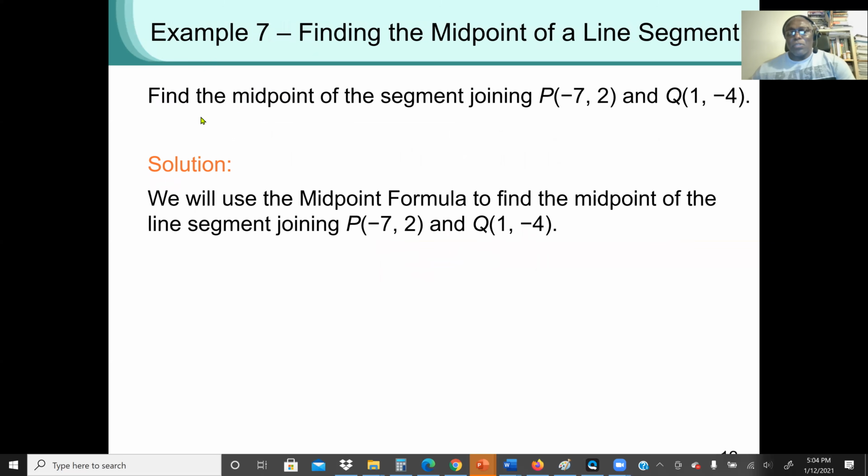So we have an example: you find the midpoint of the segment joining point P and Q. The beginning P, we have -7 and 2 for our S and Y. At the end of the line, we have Q, which is 1, -4. So we are going to use the midpoint formula, which will give us S1 plus S2 divided by 2 and Y1 plus Y2 divided by 2.